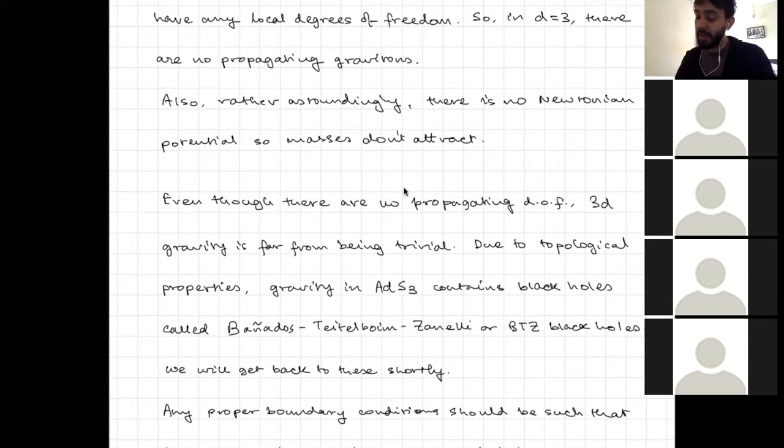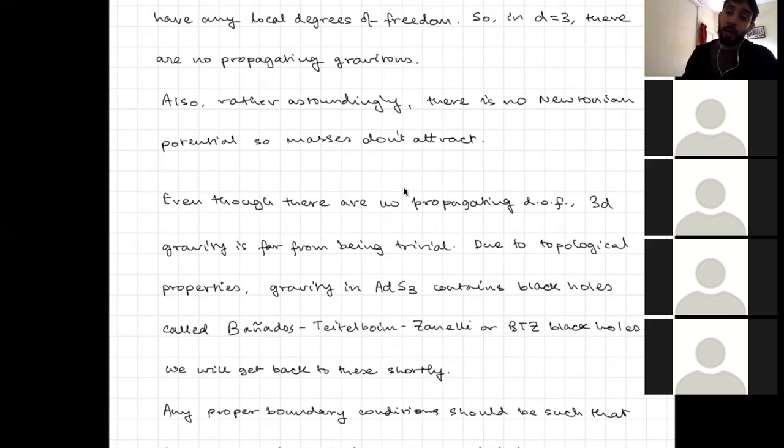Gravity in AdS actually will contain black holes, and these black holes are called Bañados, Teitelboim, and Zanelli black holes, or BTZ black holes.